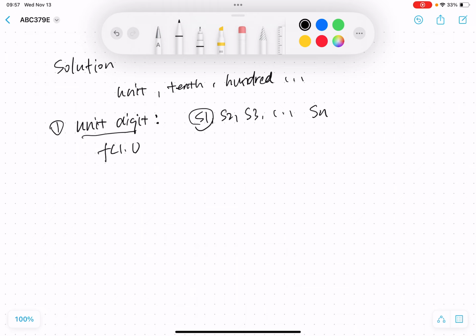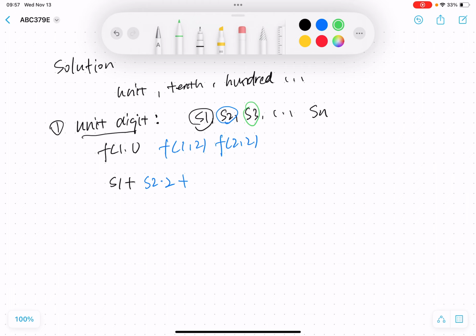So the first part of the unit digit of the answer will be S1 plus. For S2, we use f(1, 2) or f(2, 2), because S2 is the last element, so we can add S2 2 times to the unit digit of the answer. That means S2 multiply 2.